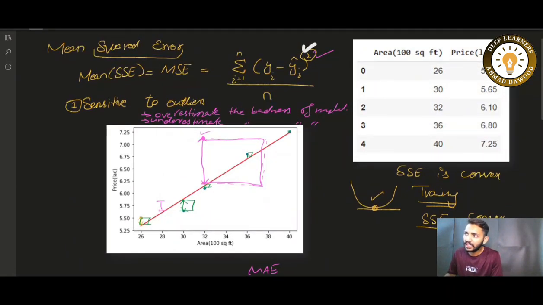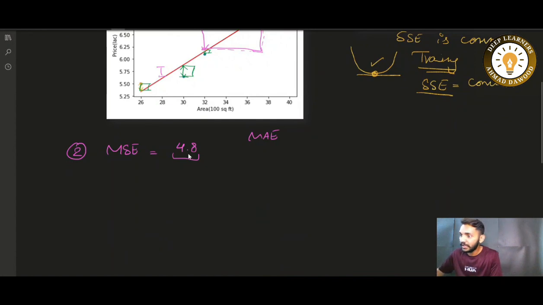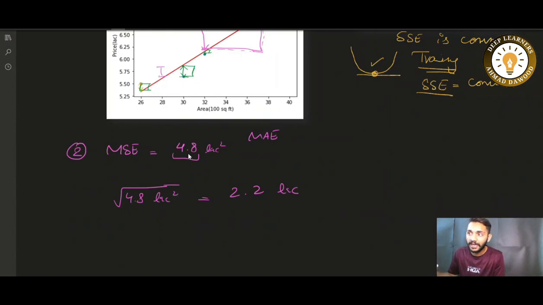Because you are squaring here, this 4.8 is actually squared. To explain how much error your model is giving in the context of your target column, you have to take a square root. Then you can say, let's say 2.2, then you can explain that your model is giving 2.2 lakh error, or you can say it is giving mean square error 2.2 lakh.